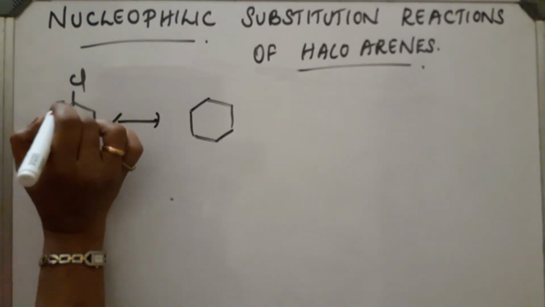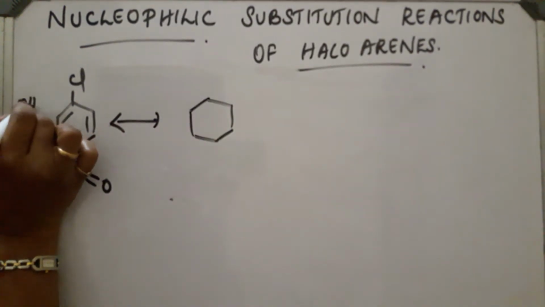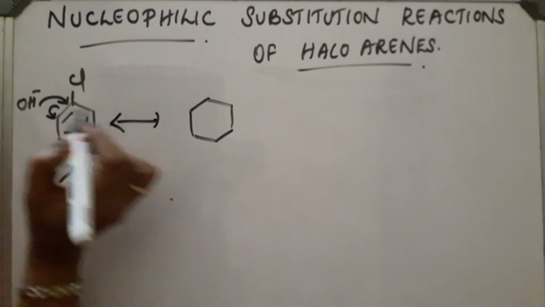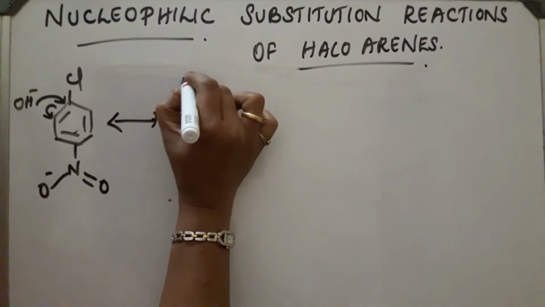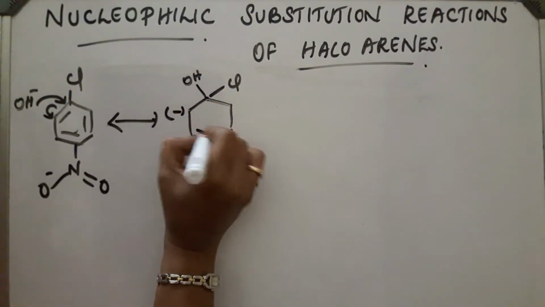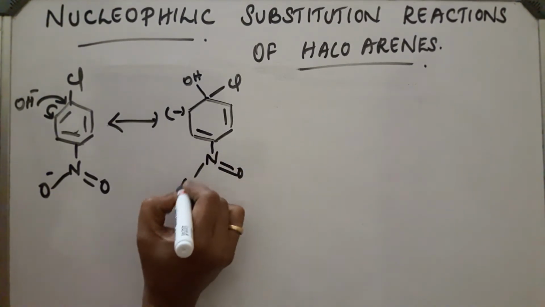So what will happen? The OH minus will come and attack here, so this bond will shift towards here, giving a minus charge here, with N double bond O minus.